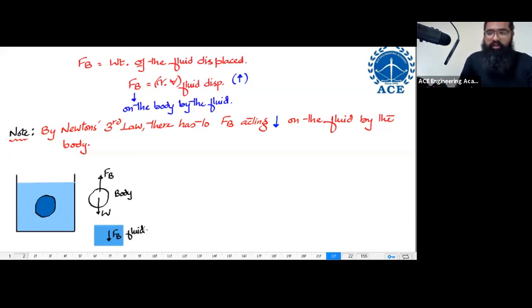But the statement does not stop over there. The statement further goes on to say that between two bodies in interaction, action and reaction can never be on a single body.